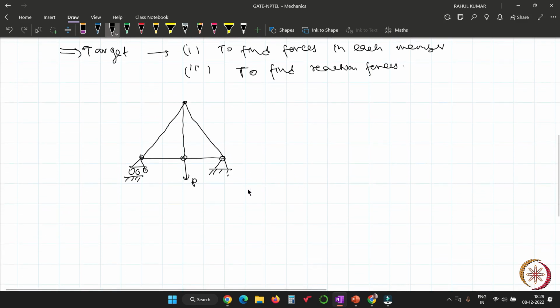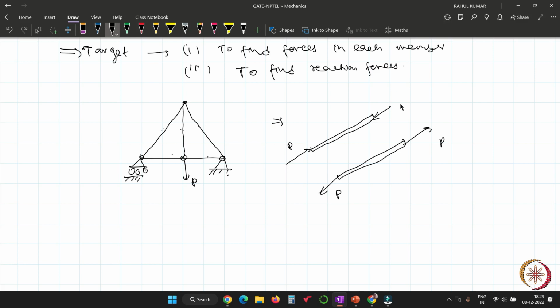So if we dismantle this truss, what will you have? You will have five members, one, two, three, four, five, and each member has a force either like this or like this, right?